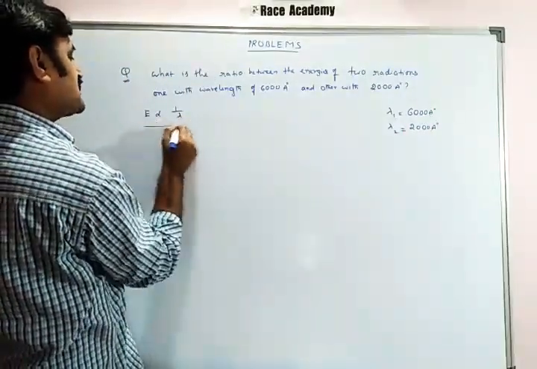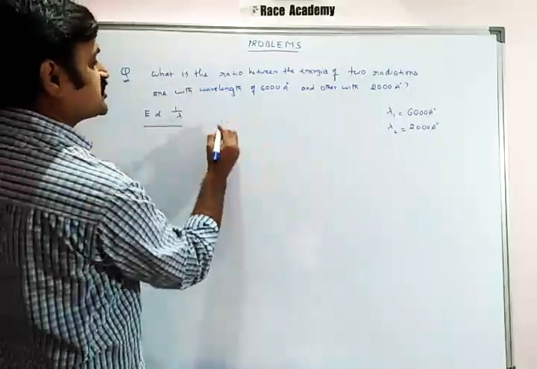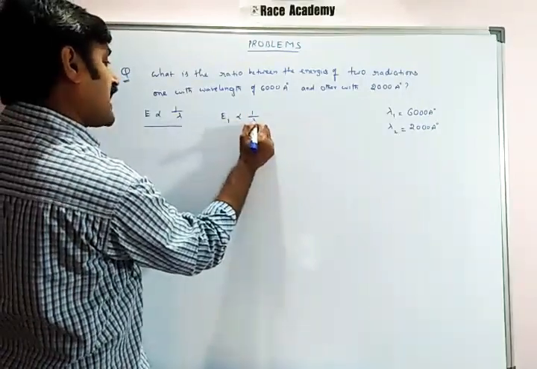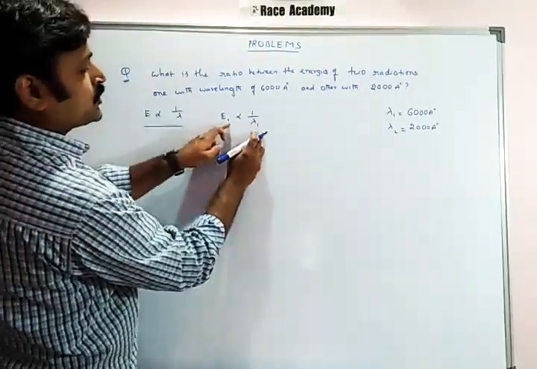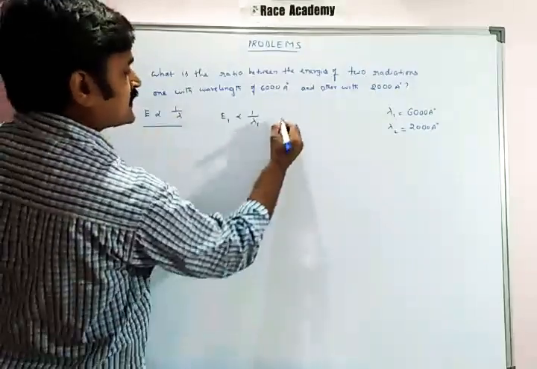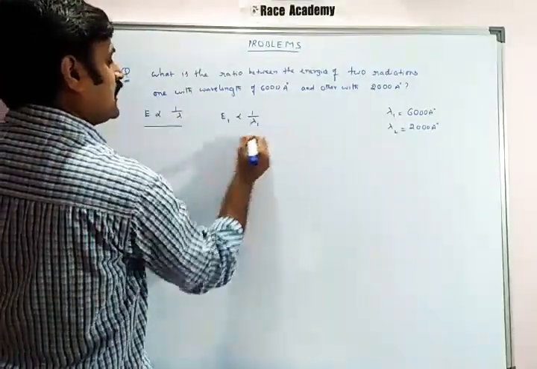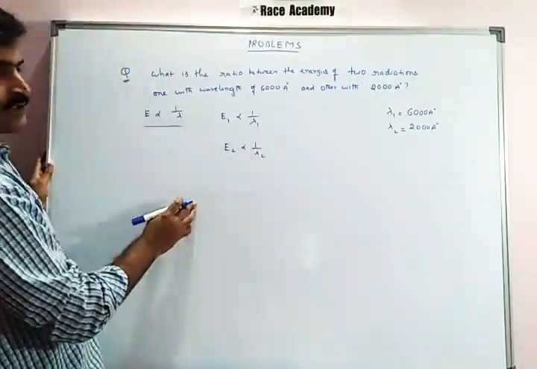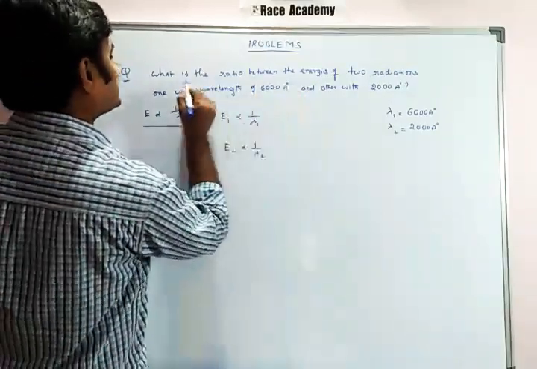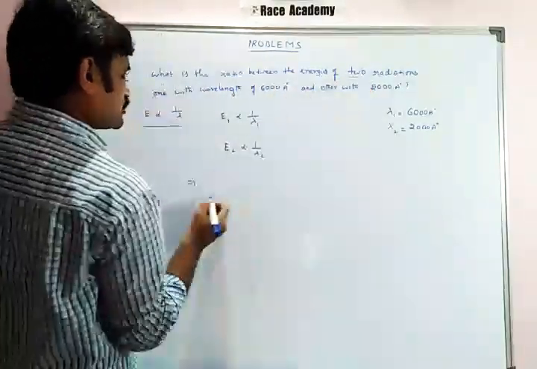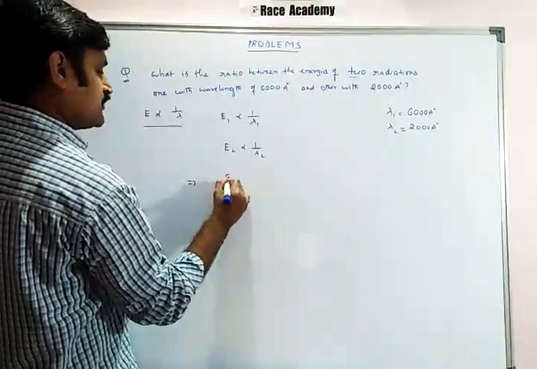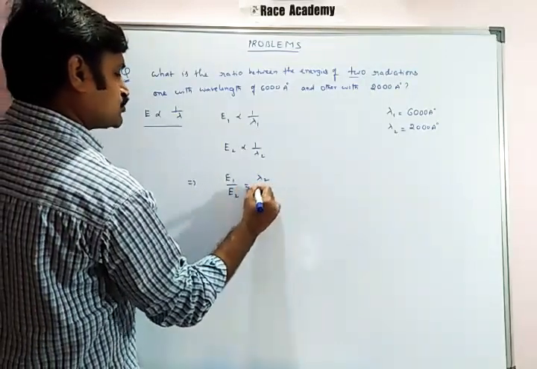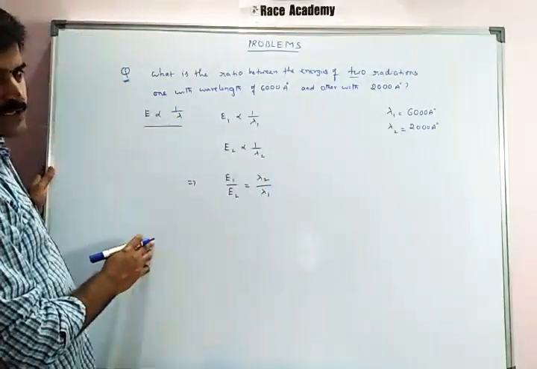If this is applied for the two radiations, then E1 is inversely proportional to lambda 1, that is, E1 is proportional to 1 by lambda 1. Similarly, E2 is inversely proportional to lambda 2. Combining these two, we can understand the ratio between the energies of the two radiations. If you want to find E1 by E2, that will become lambda 2 by lambda 1.